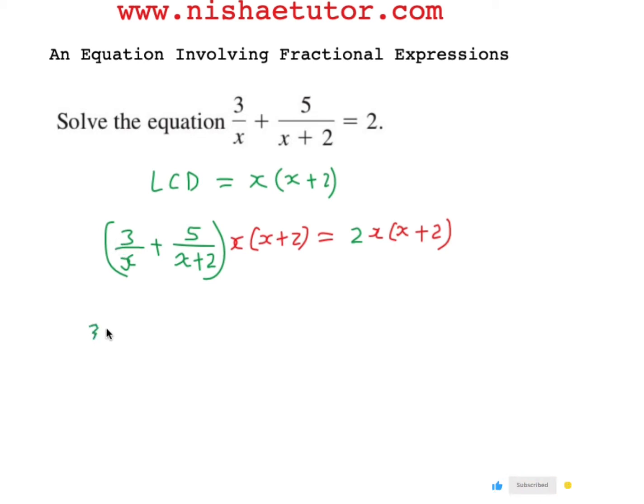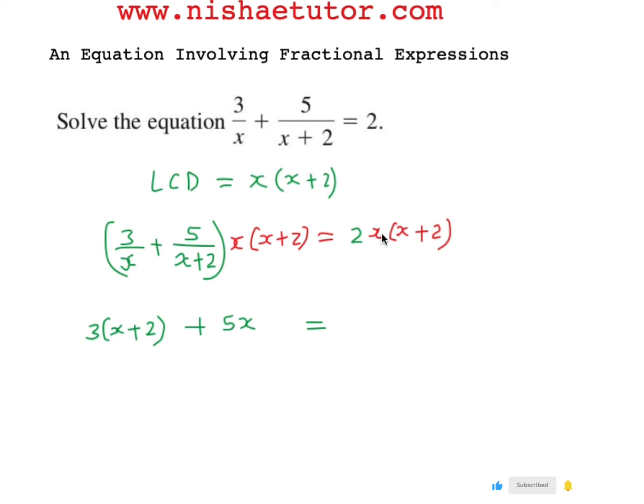So 3 times x plus 2, and when this is multiplied with this, we are using the distributive property. First multiply with this and then multiply with this. So when we multiply this fraction with this, x plus 2 cancels and just 5 is multiplied with x, equal to. Here again apply the distributive property.